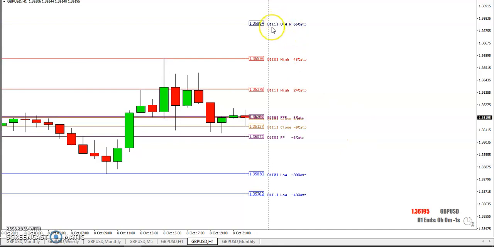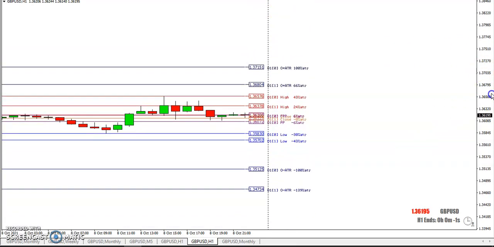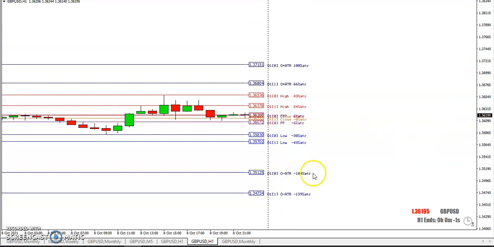And then we also have previous day's open plus ATR here, open minus ATR at 100%. So you can see if you go a full ATR, and here's the daily open, that's where 100% would be. So this would be an extreme move from the open.